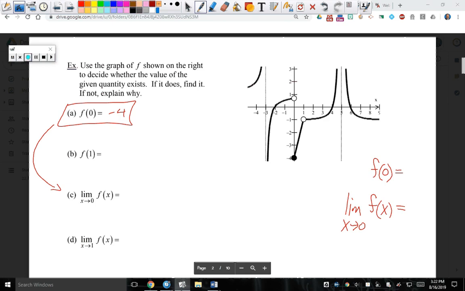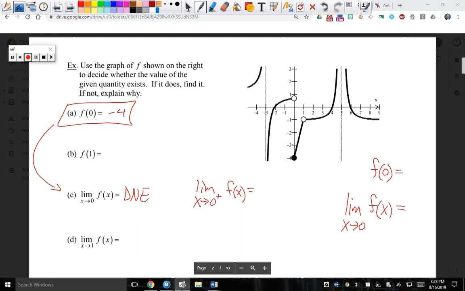Arjun, what would the answer be by looking at the picture, find 0, approach it from left and right, and what's the answer? Does not exist. Because if I approach 0 from the right, anyone, what would that be?